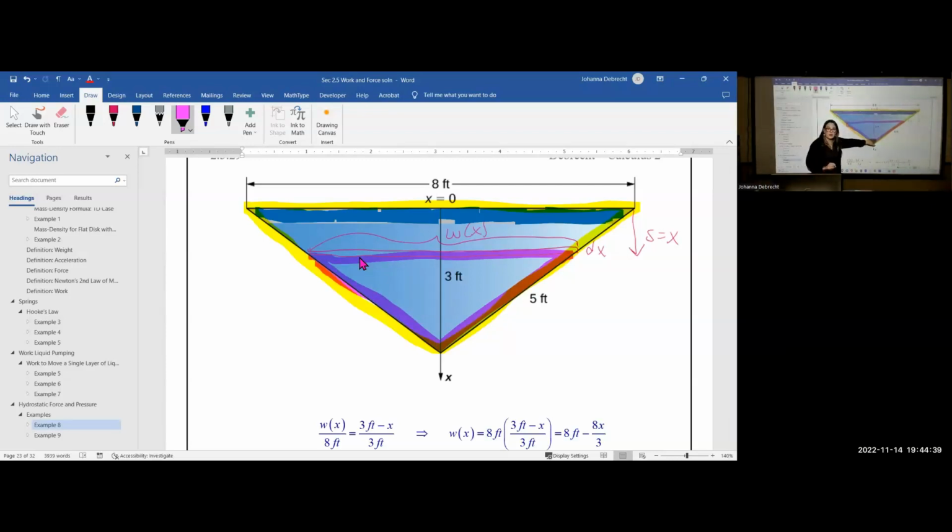They share the bottom angle. Therefore, all three angles are the same, so they must be similar. So we're allowed to set this up. This distance here is 3 feet minus X because this distance is X. So when we're looking at this right here, this distance is X.